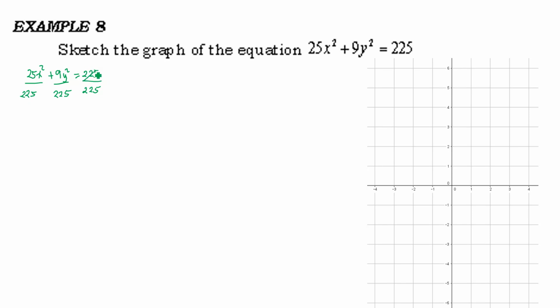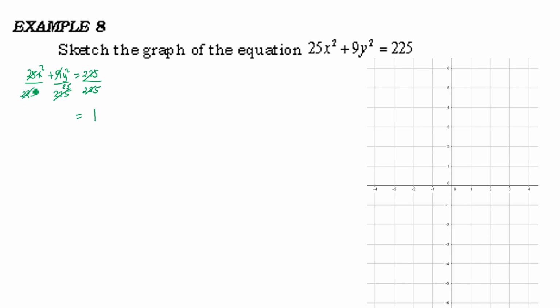Okay. Now, then the 225 can be reduced by 9. So, in other words, here, this would be reduced by 25. Kasi, 225 divided by 9 equals 25. And here naman, 225 divided by 25 is equal to 9.